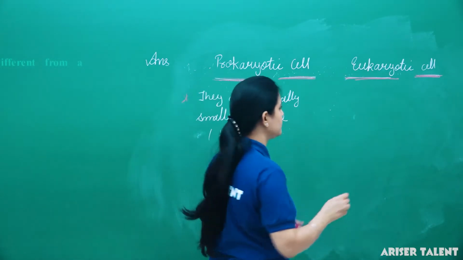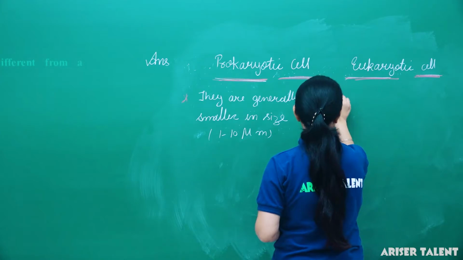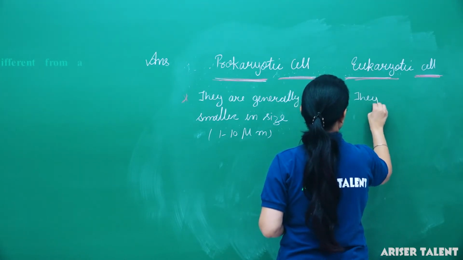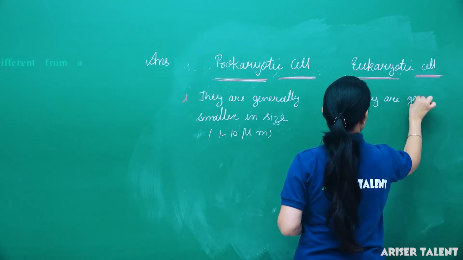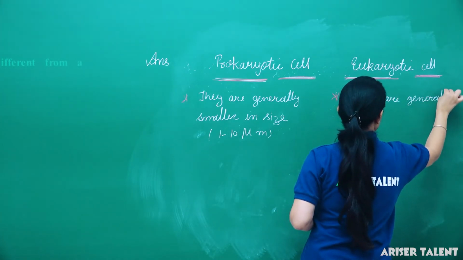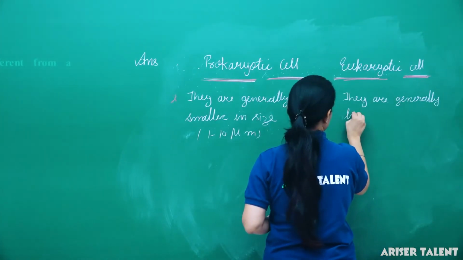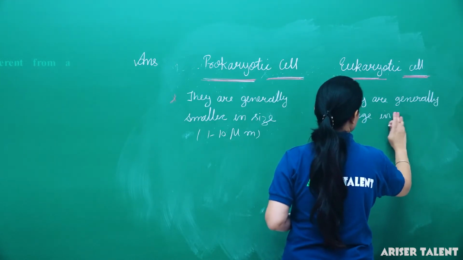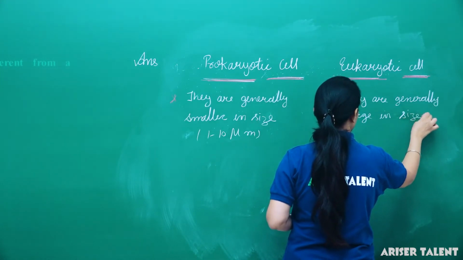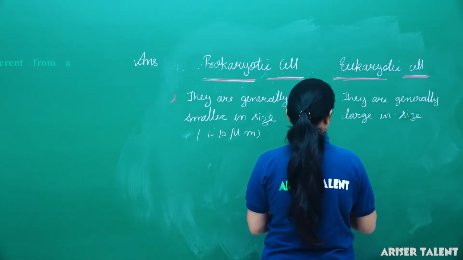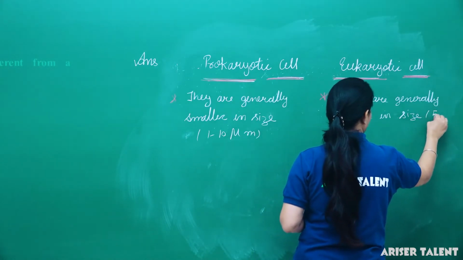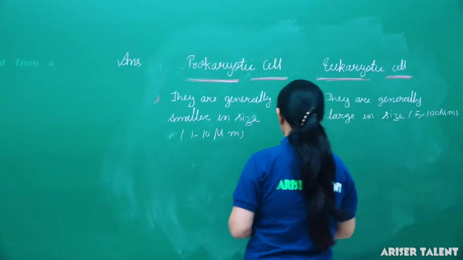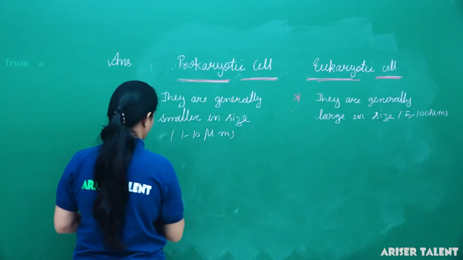And eukaryotic cells are generally large in size. What is the size then? We can mention that the size may be 5 to 100 micrometer.